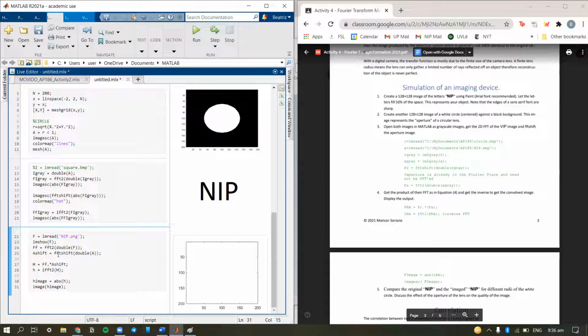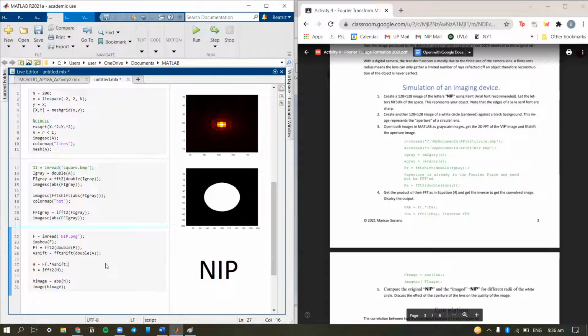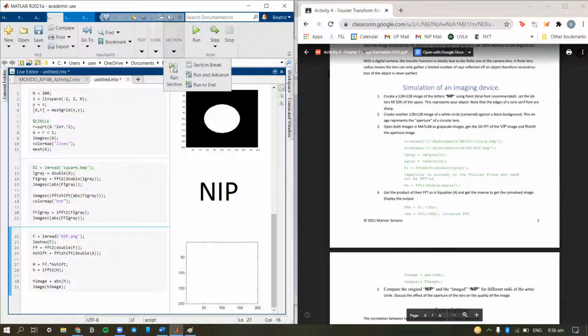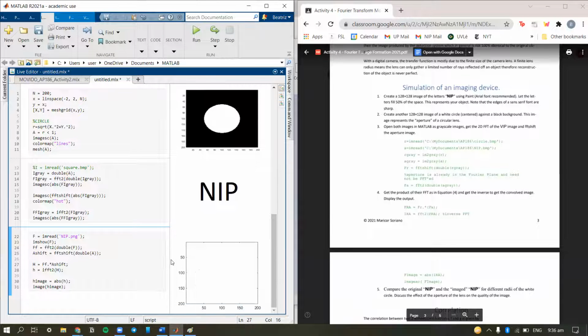Wait lang ha. Let me think. Naran natin yung A, di ba? Tama ba? Could you run it again, please? Naran natin yan eh. Ang section. And then, yeah, run this. Is this right that we shift the aperture?